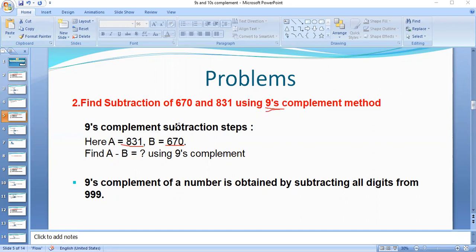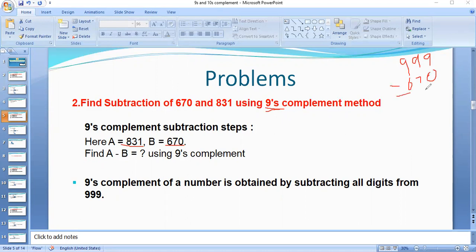Okay, in the first step, what we have to do? We have to find the 9's complement of the subtrahend. So what is the 9's complement of the subtrahend? You have to subtract each digit from 9.